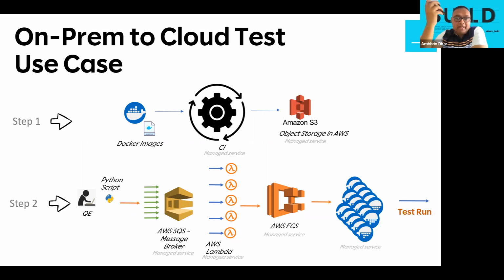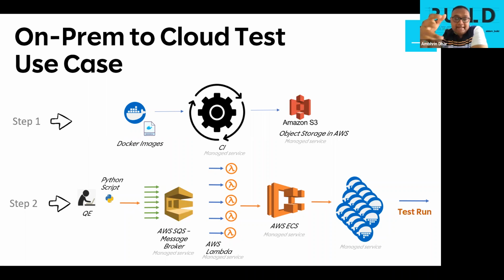Even the CI pipeline, if you're using a native CI pipeline of AWS, Azure or Google, we of course still have to write the stages and tasks for the pipeline, but we don't have to worry about the uptime, which is guaranteed by those service providers.